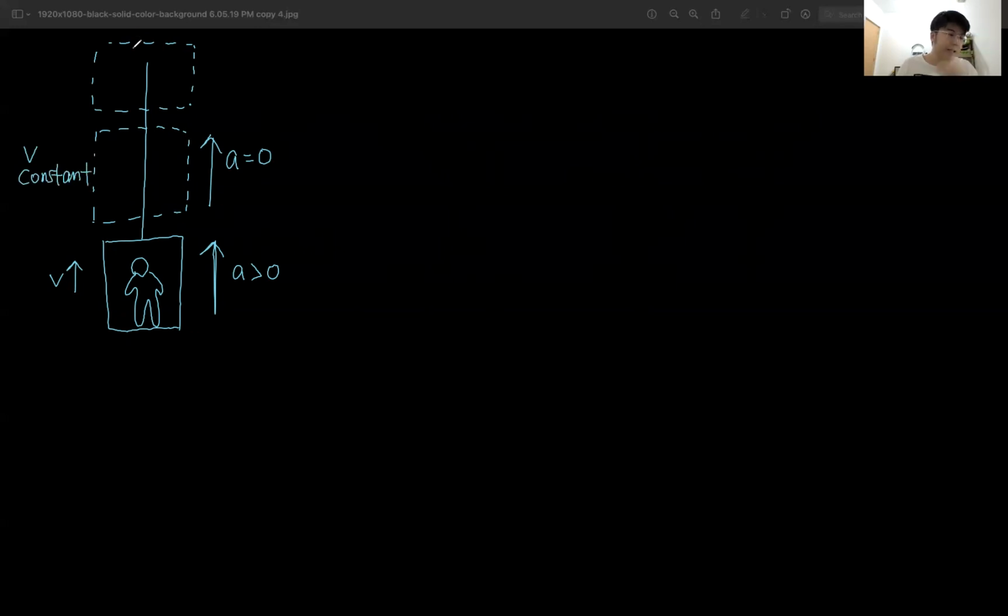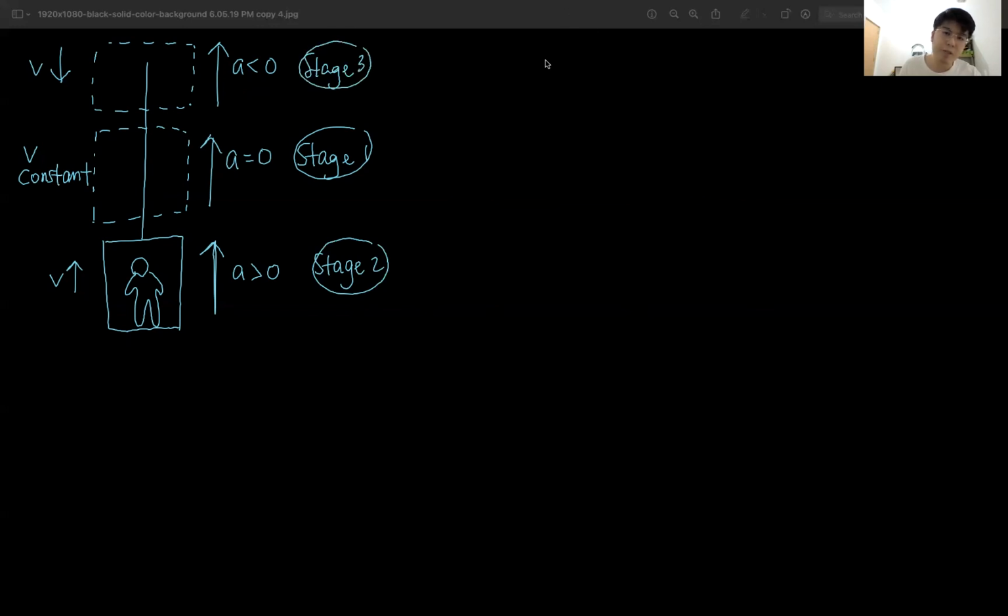And then the third stage up here, the elevator is decelerating. It reaches the floor and then it decelerates. So acceleration is negative and the V is decreasing. 3 conditions. Let's call this stage 1. We start with the easy one first, stage 1, and then let's call this one stage 2, and this one stage 3.